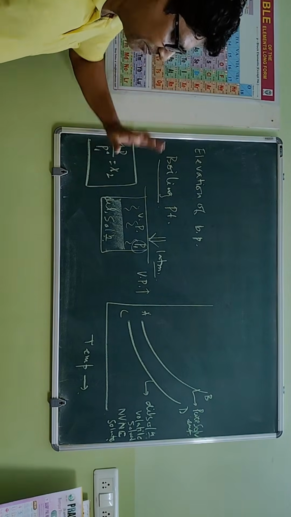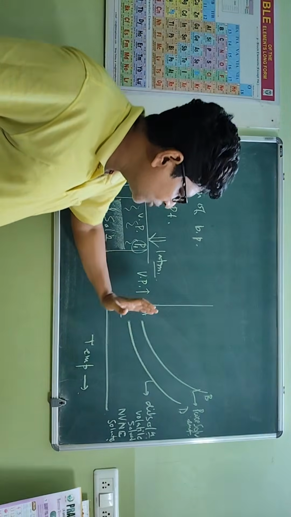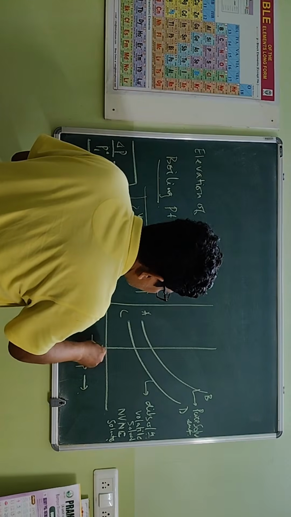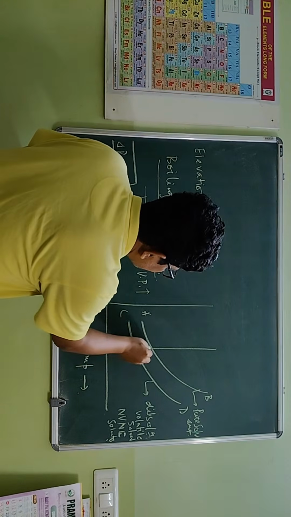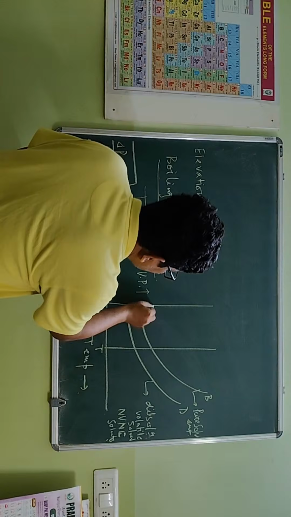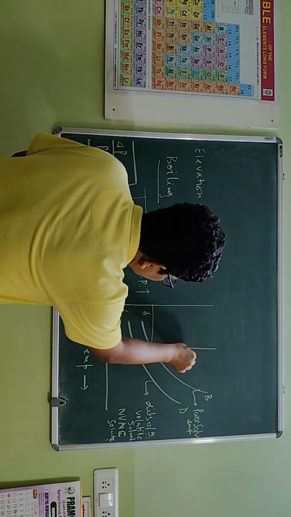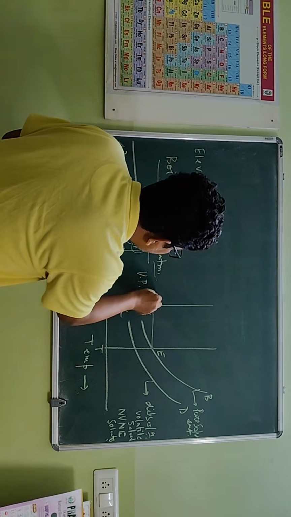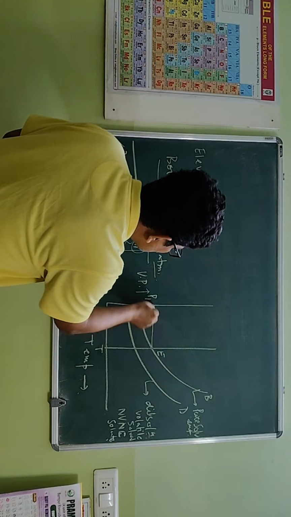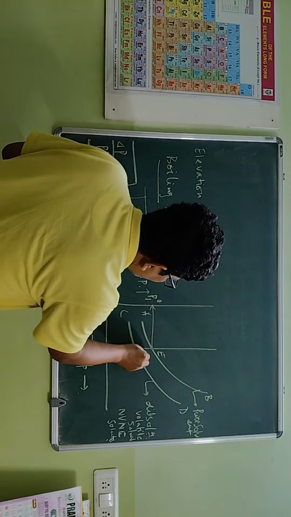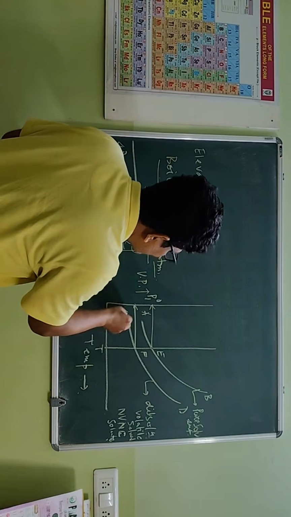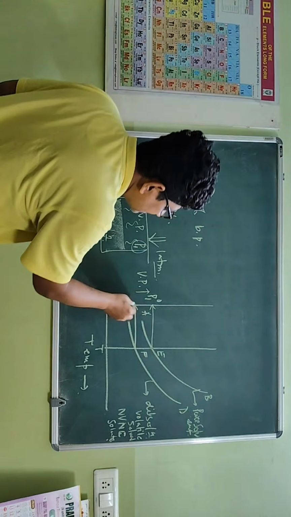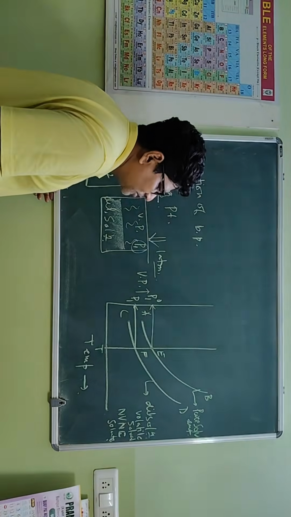Now if we apply the concept of lowering of vapor pressure here at a particular temperature, say this is a particular temperature T, at temperature T the point E represents the vapor pressure of pure solvent P1 naught, and from point F, if we draw a perpendicular onto the y-axis, that is the vapor pressure axis, we have the vapor pressure value P1.